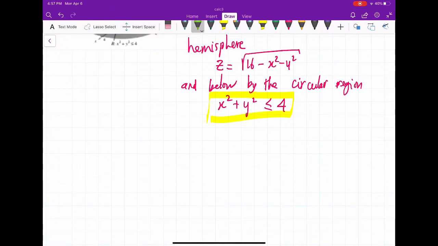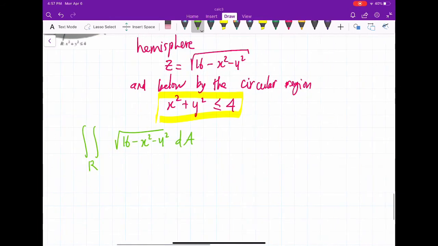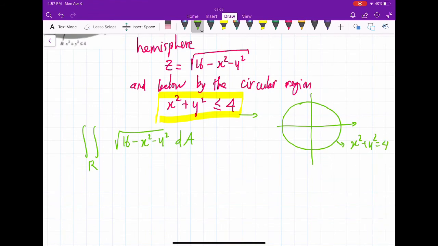If we want to rewrite the double integral over R, the function is square root of 16 minus x squared minus y squared dA, in terms of an iterated integral, you have to fix x or y, right? Here's the circle. If you want to write dx dy, you have to fix y.